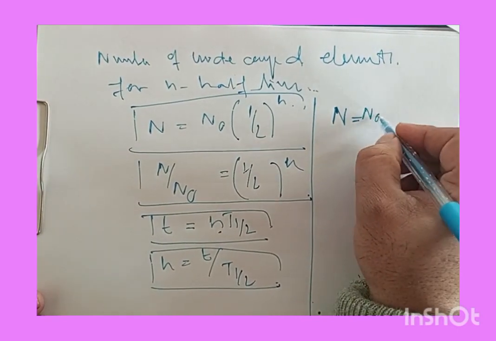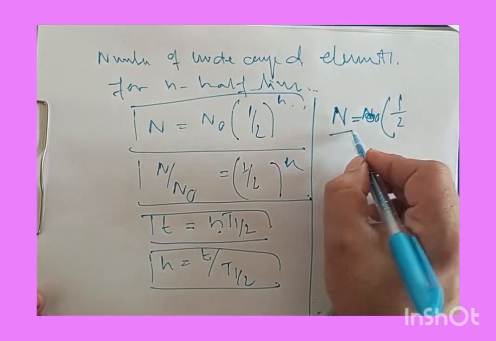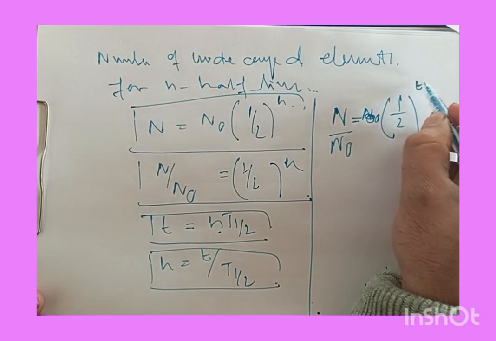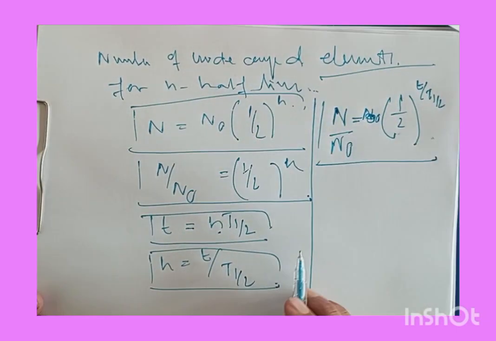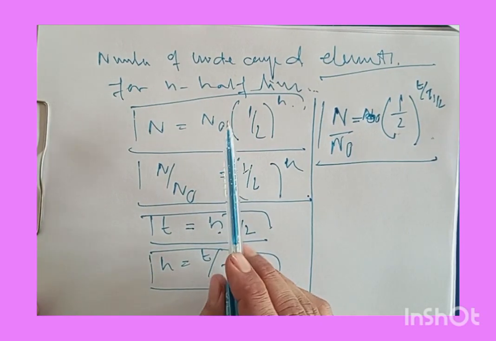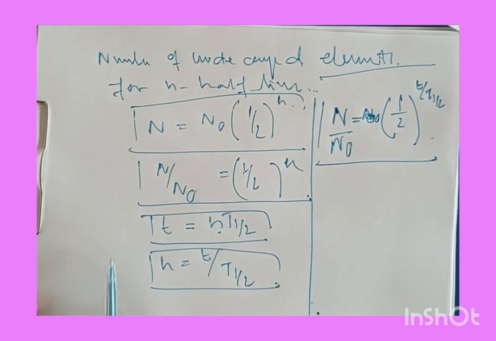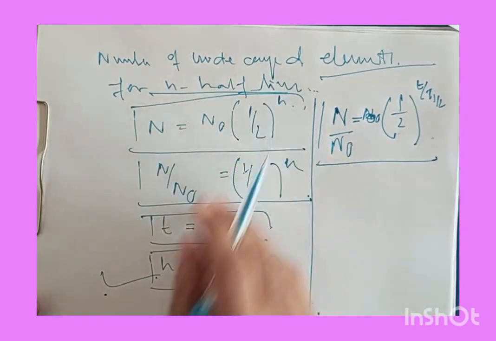That will be N naught times 1 by 2 raised to the power t by t half. So this equation is going to give us the number of undecayed atoms in a radioactive substance after n half-lives.